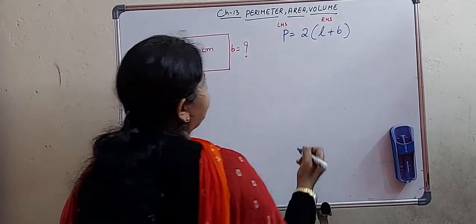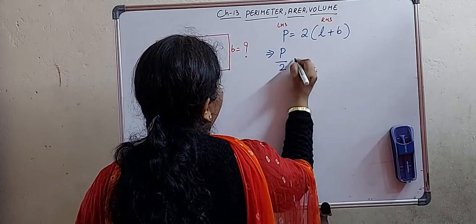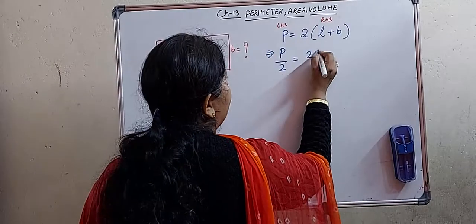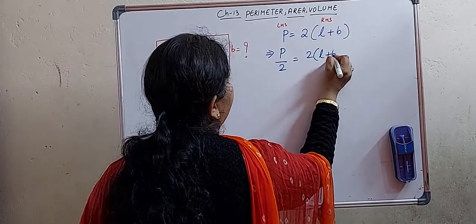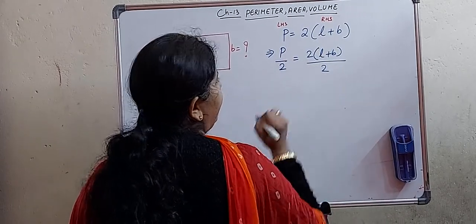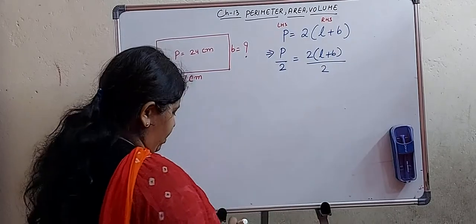I will divide by 2 on both sides. What I said: whatever I do with RHS, the same thing I have to do with LHS. Since I have to remove this 2, I have to divide by 2. If I am dividing by 2 here, then I have to divide by 2 here also.